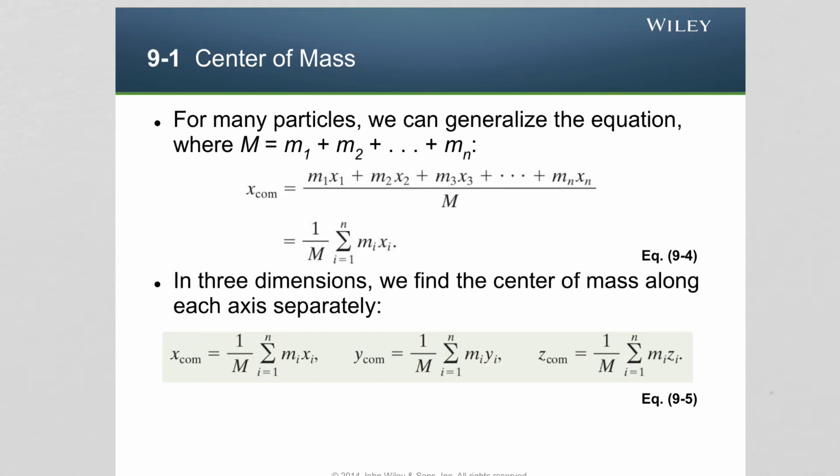Then I can use this expression to generalize for three-dimensional mass distribution. We already have an expression for the x-coordinate of the center of mass. For the y-coordinate of the center of mass, the sum simply changes to mi times yi, where yi is the y-coordinate of each particle in a three-dimensional space.